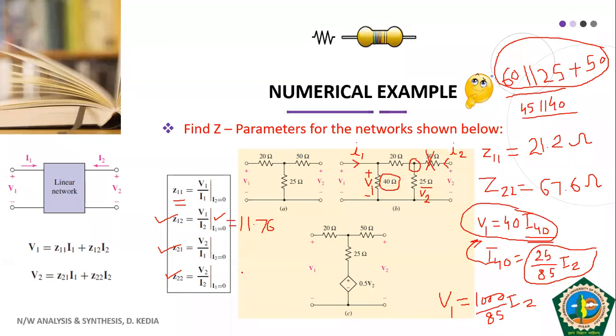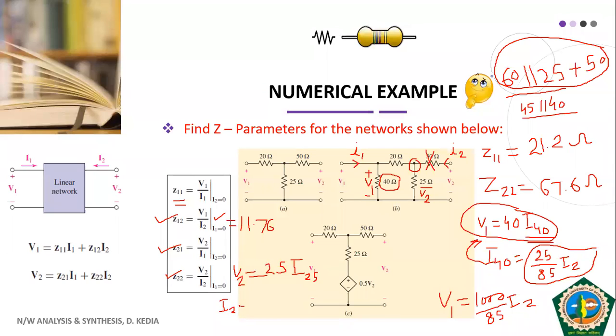So let us see what will be V2. V2 will be the resistance value, that is 25, times the current through this 25 ohm resistance, which we represent by I25. And what will be I25?